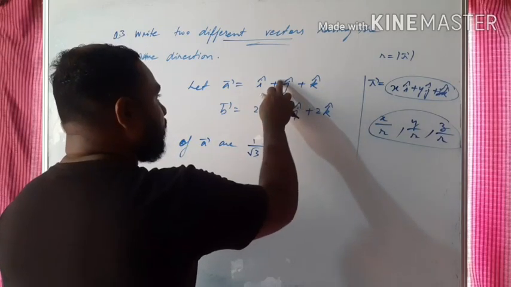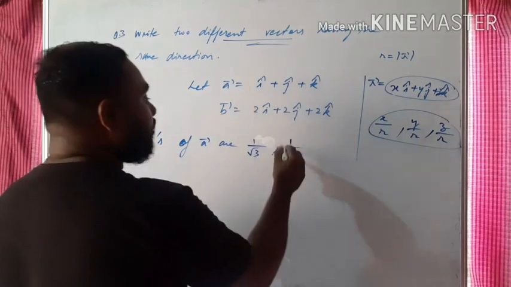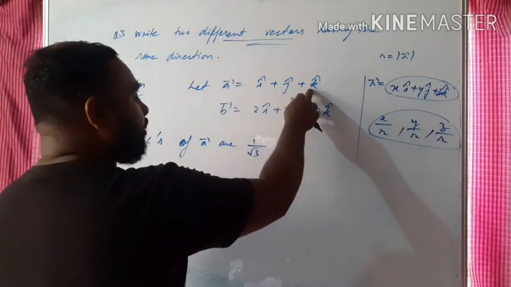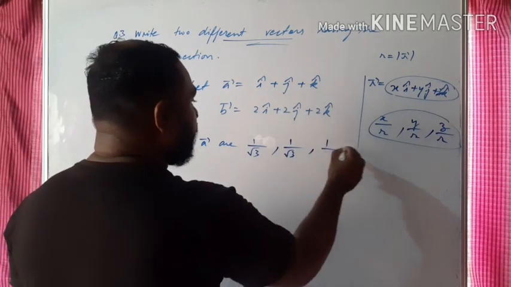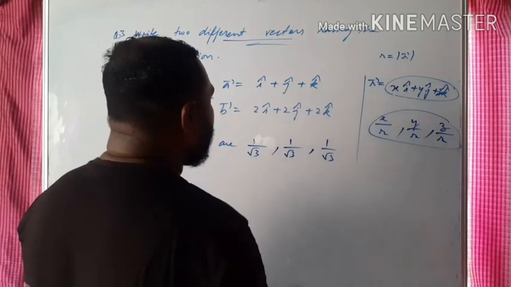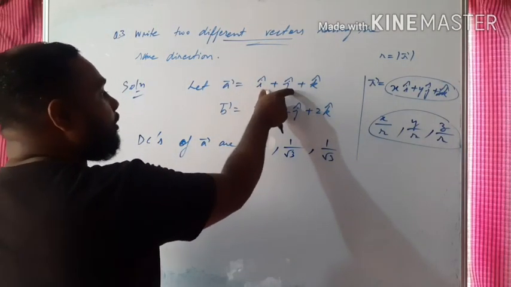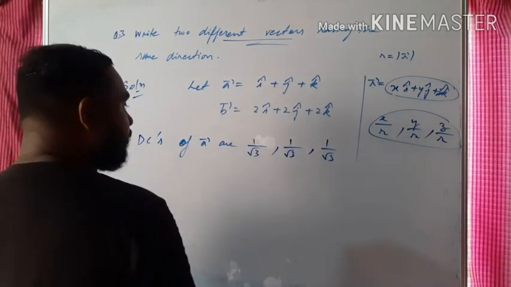Along with j I have 1, so 1 divided by the magnitude of that vector, root 3. Along with k I have 1, divided by the magnitude of the vector, root 3. You can find the magnitude of a, it will be root 3.